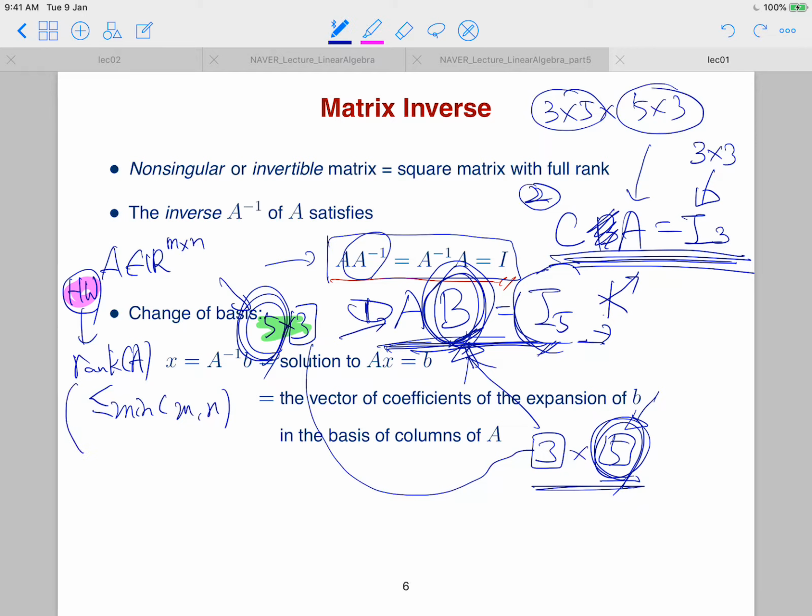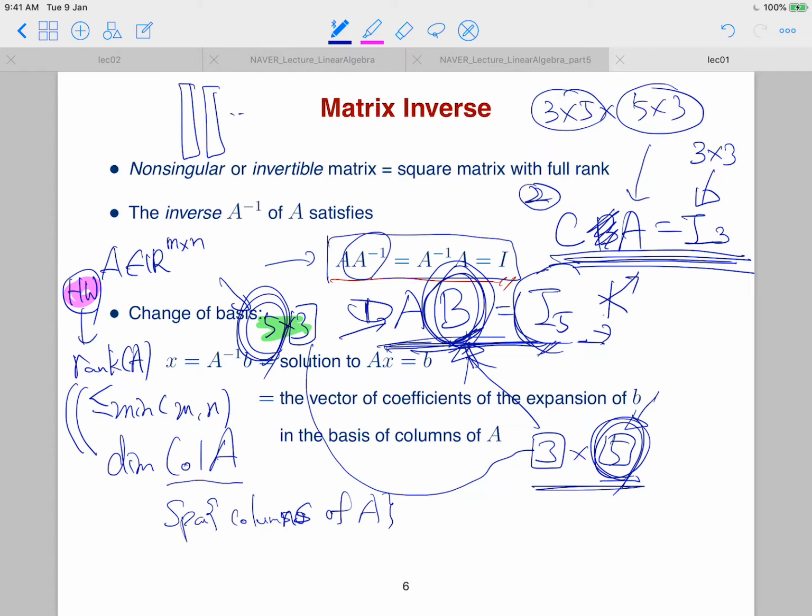Right. So it is the dimension of the column space of A, right? So what is the column space? It is the span of the columns of A, right?